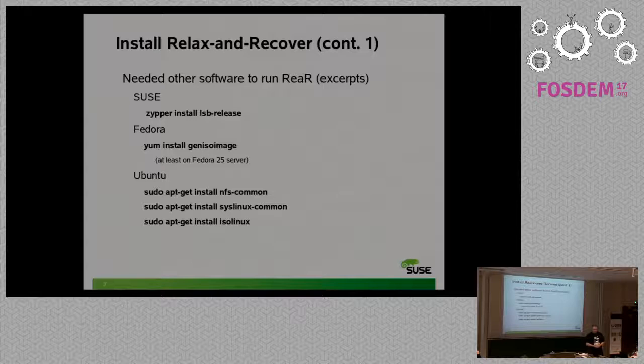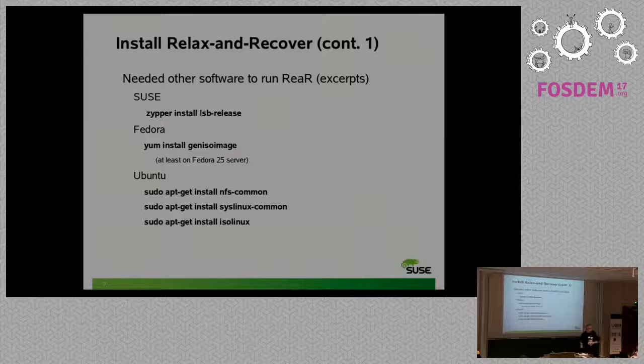Usually, you need some other software to run ReaR. On SUSE, for example, you need a lot of other software, parted and all these things, but that's usually there. But what's not usually there on SUSE could be the LSB release package. On Fedora, it could be the package genisoimage. At least for me, it happened on Fedora 25 server.